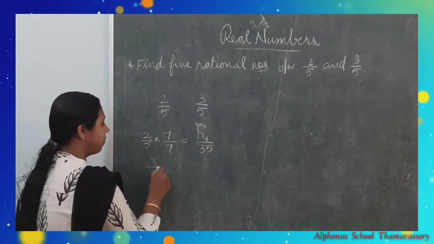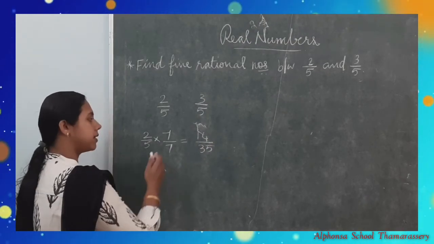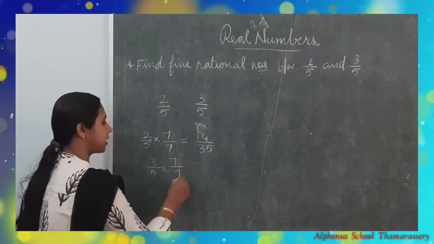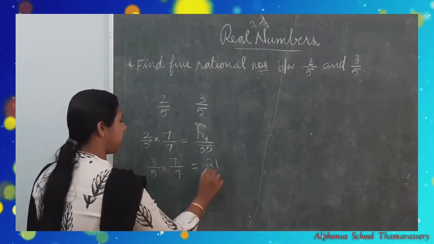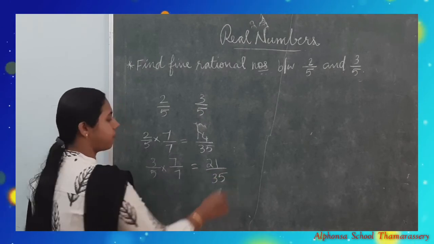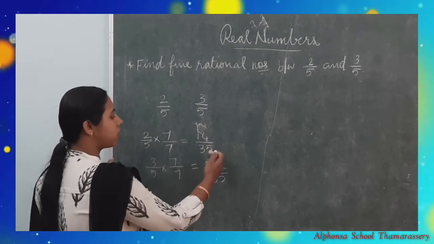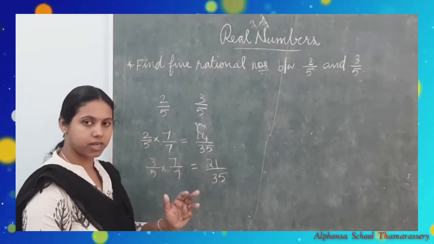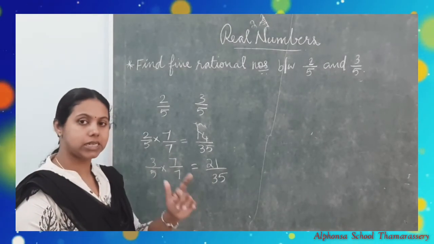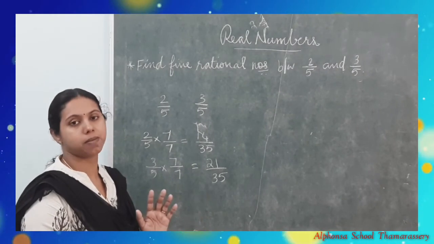And 3 by 5 into the same number, 7 by 7. So 3 7s are 21, 5 7s are 35. So between 14 and 21, there are a lot of numbers: 16, 17, 18, 19, 20, such numbers will be there.